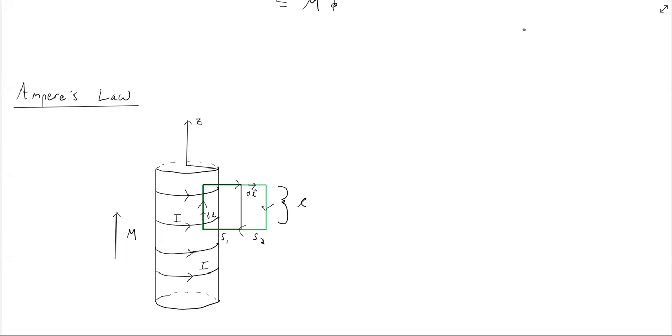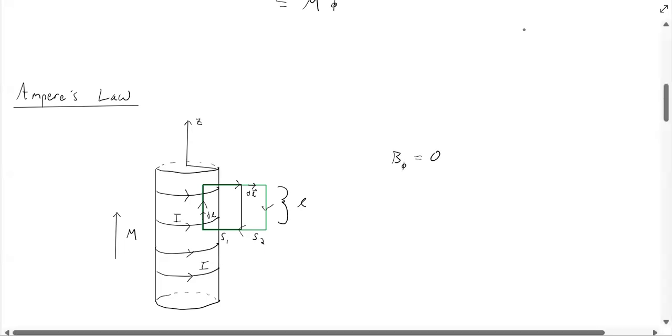To proceed, we first need to think about what components the magnetic field will have. First note that the magnetic field will only have a component in the z hat direction. This comes from the fact that there will be no circumferential component in the phi hat direction, so B_phi will equal 0.